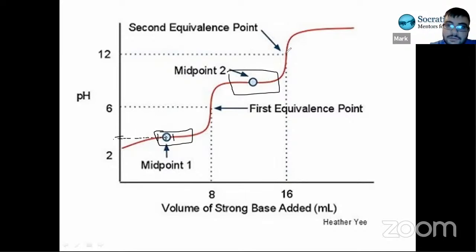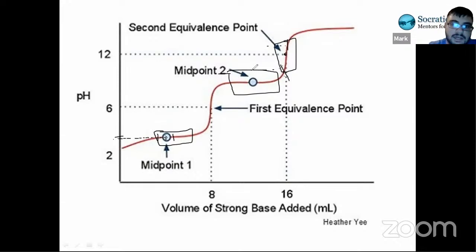Whereas, for example, if we use something here and add in a little bit of base, you go a little bit to the right, and the pH changes by a whole value. Or if you go a little bit to the left, you change the pH by a lot. So the area around the equivalence point is very bad as a buffer, because small changes in acid-base concentration lead to huge changes in pH.